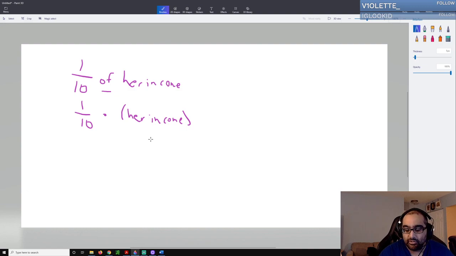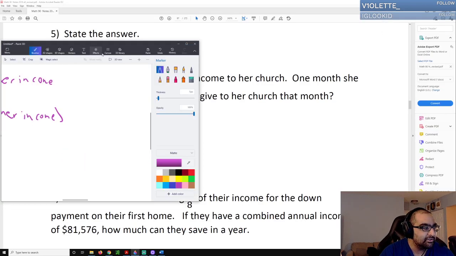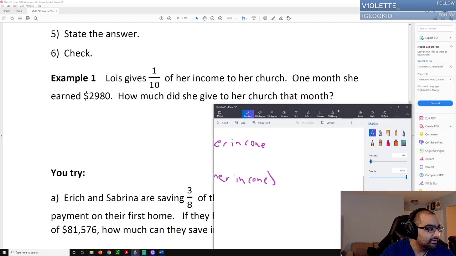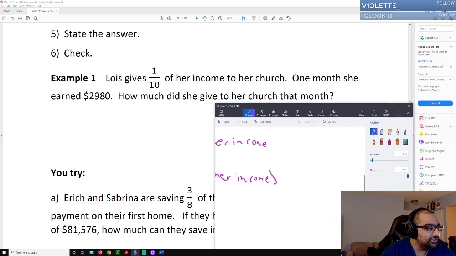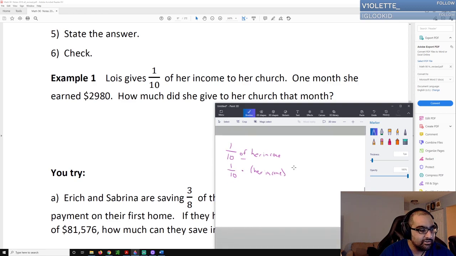All right, so all we're going to do here, let's take a look at this particular problem. She gives 1/10 of her income to the church. One month she earned $2,980. So in this case, we're going to take 1/10 times 2980.